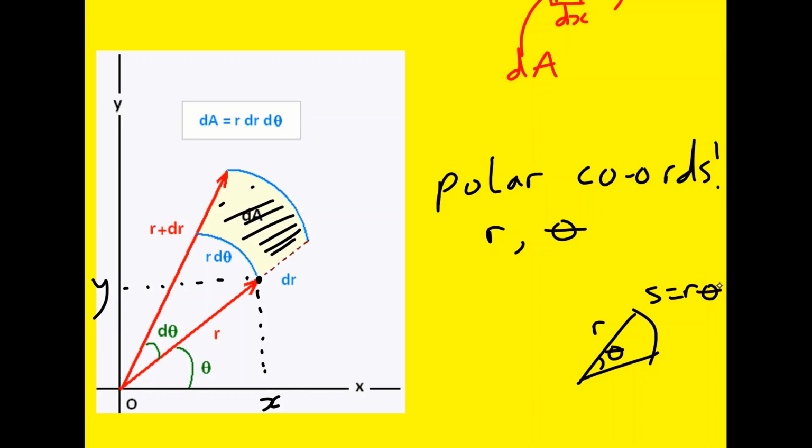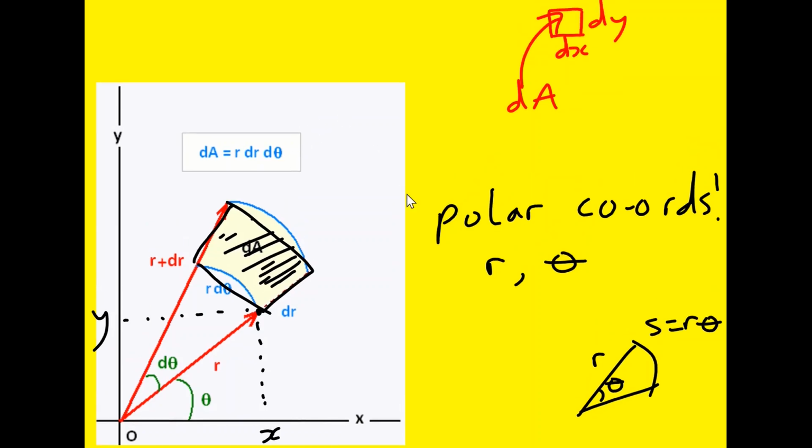Not proven that here, but that is the case. So if I can work out that arc length, and then this distance, which is dr, just this extra distance, then I can approximate it roughly as a rectangle. And it's going to be r dr d theta.